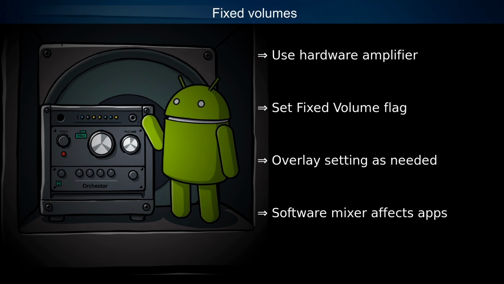When the config_useFixedVolume flag is not set or is set to false, apps can call AudioManager.setStreamVolume to change the volume by stream type in the software mixer. However, this may not always be desirable. Changing the volume in the software mixer can affect other apps and may result in fewer significant bits available in the signal when it is received by the hardware amplifier.